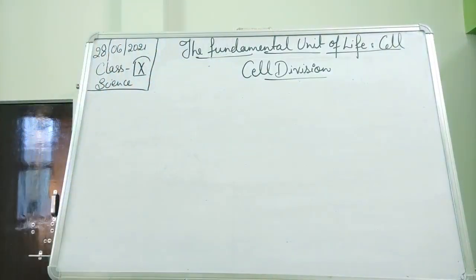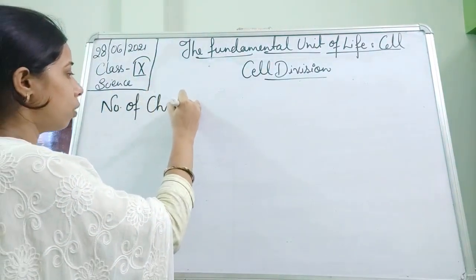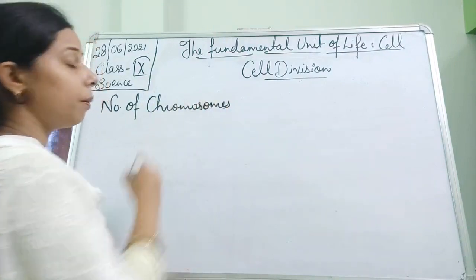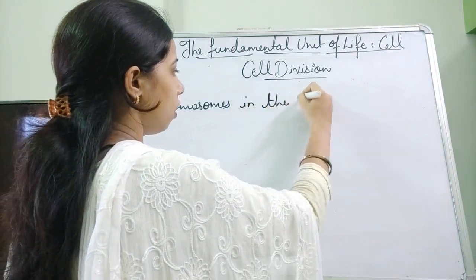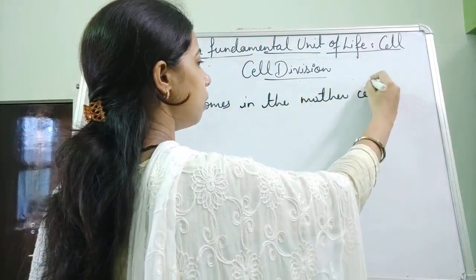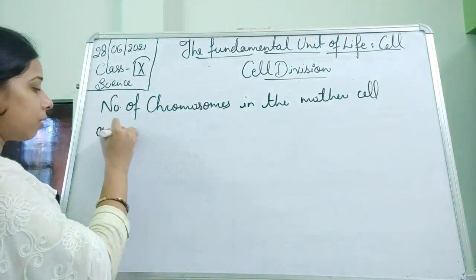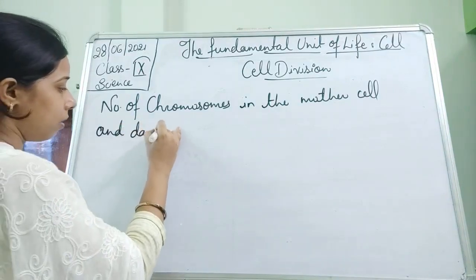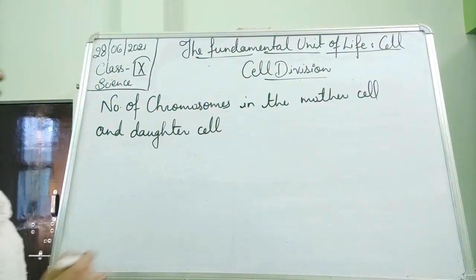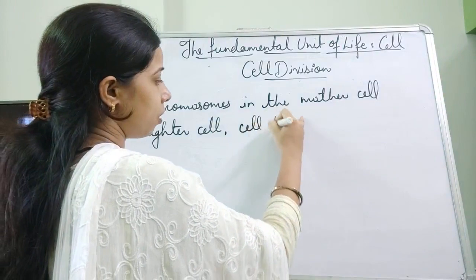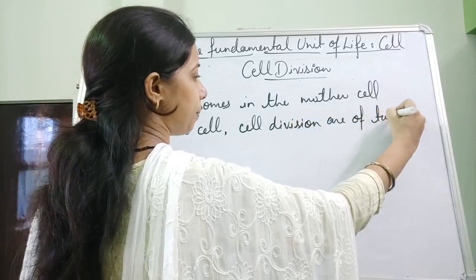So, on the basis of the number of chromosomes in the mother cell and the newly formed cell, that is called the daughter cell, we have classified cell division into two types.